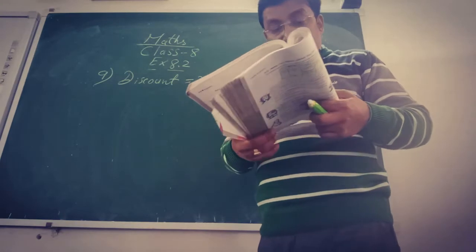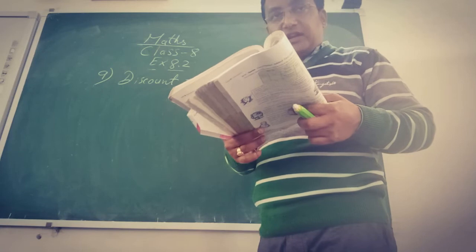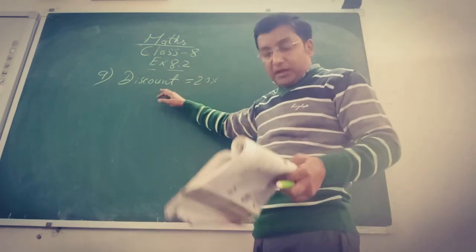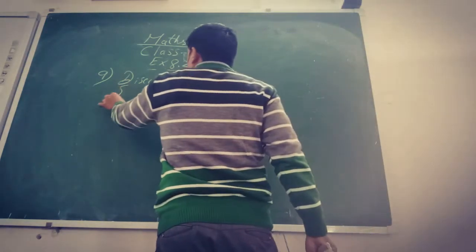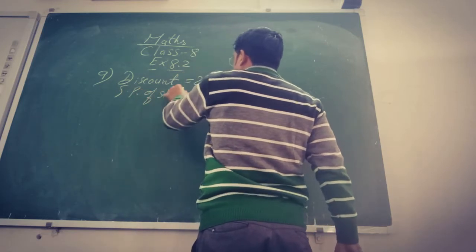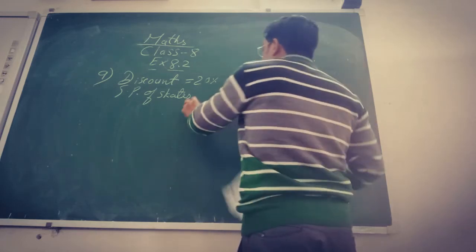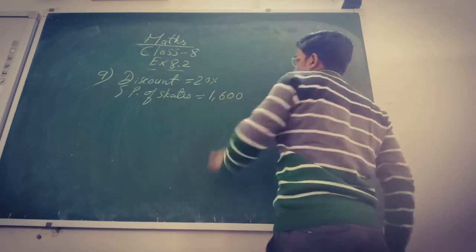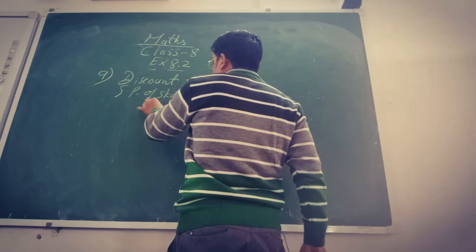If the amount he pays is 1,600, it means the selling price of the skates is 1,600. You have to find out the mark price.